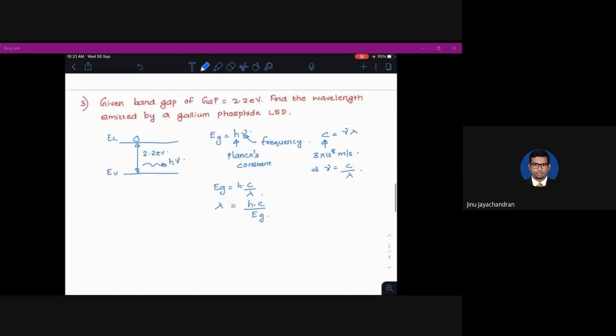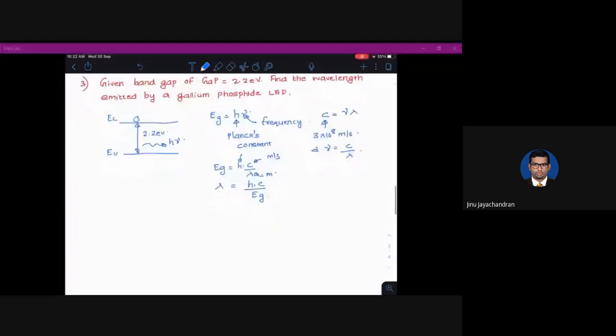Now Eg, be careful here. Eg is in electron volt, and you cannot substitute directly because c is in meter per second and you will get lambda in meter. H is in the normal units, the Planck's constant. So you need to convert Eg from electron volt to joules. Eg is equal to 2.2 electron volt, that is equal to 2.2 into 1.6 into 10 raised to minus 19 joules.